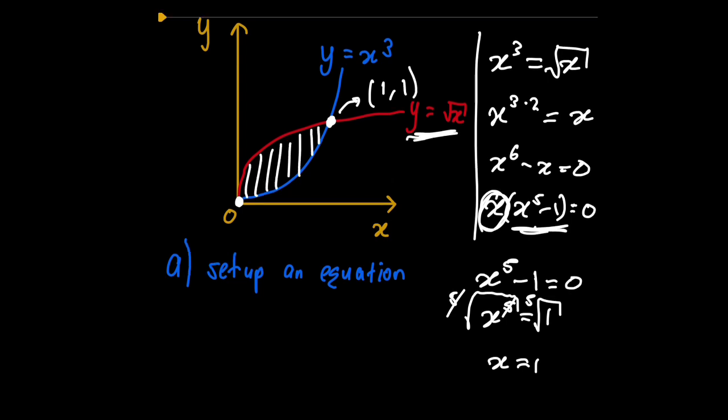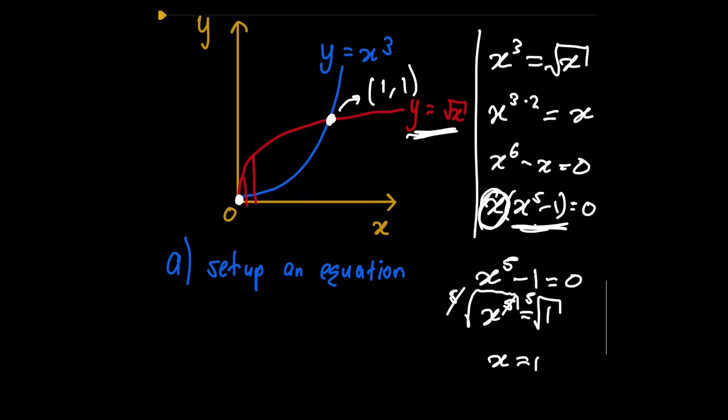Now the way we find the area underneath this curve is actually quite interesting. So what we have to do first is take the area of our upper curve, like that. And then we want to find the area of our lower curve, so something like that.